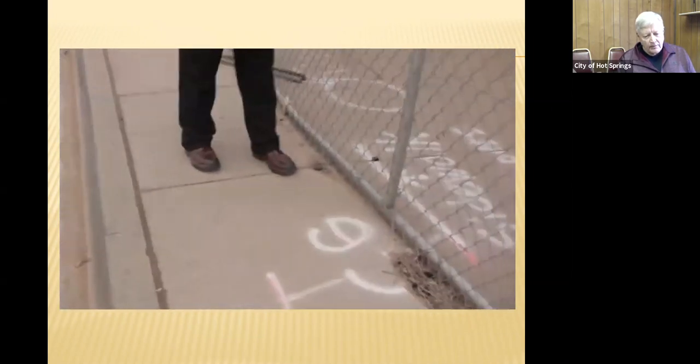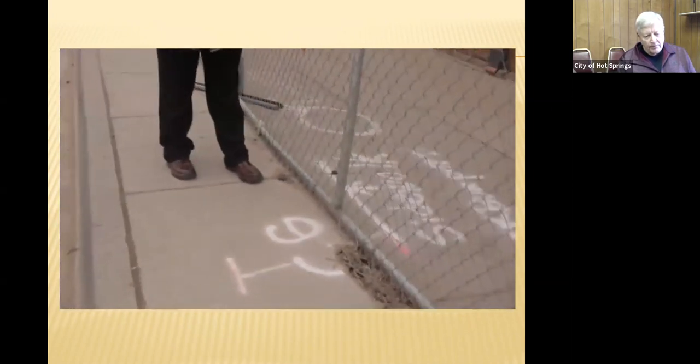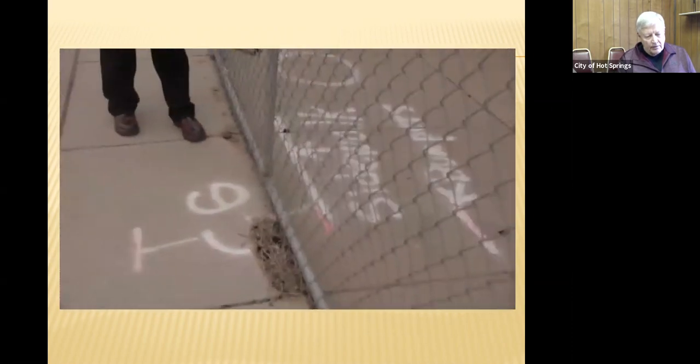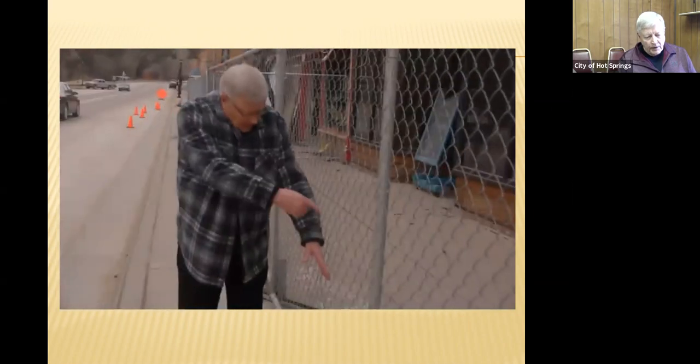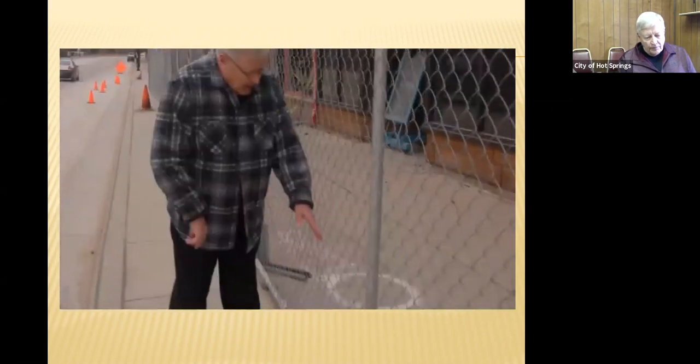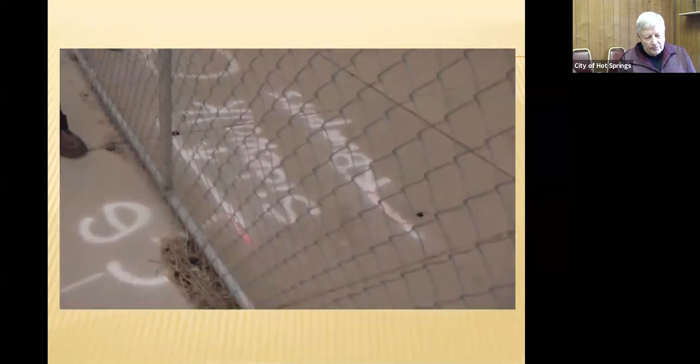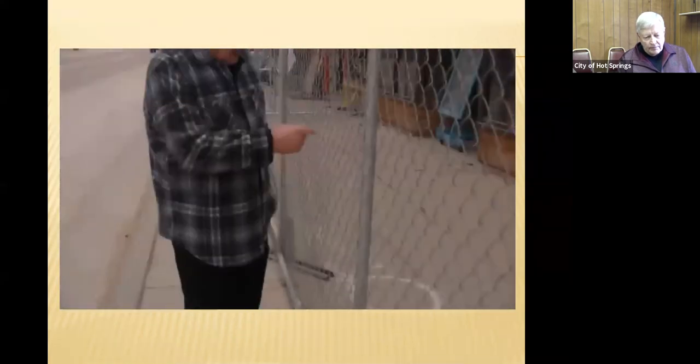If you see just past, about 6 inches past this fence, is where the sidewalk has been. Again, you look across there, you see where the car bumper would be. And look at how narrow the sidewalk is in one of our premier business locations in Hot Springs.